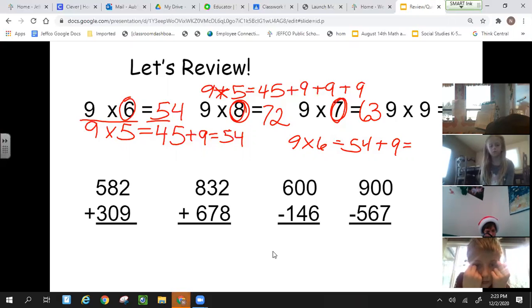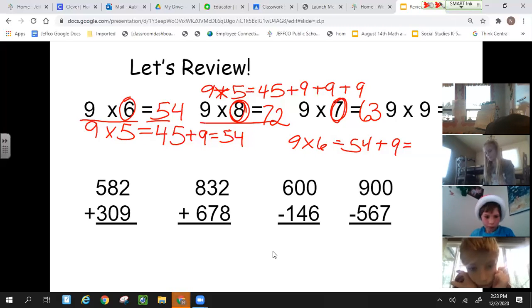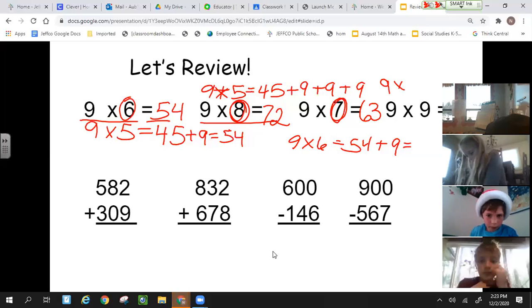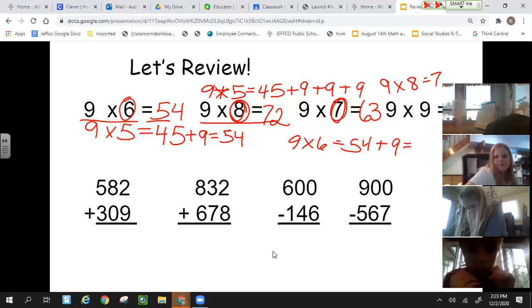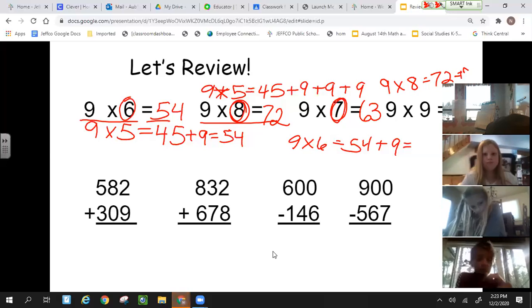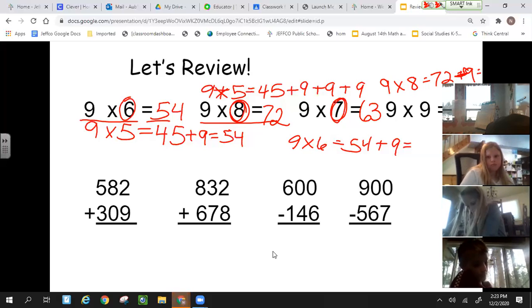That's right. That's called the 9s trick. And 9 times 9, last but not least. If you already know 9 times 8 equals 72. 81. 9 more. Robert, can you unmute and explain your thinking?